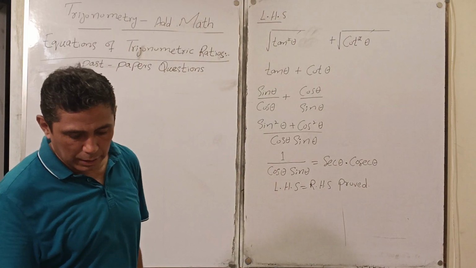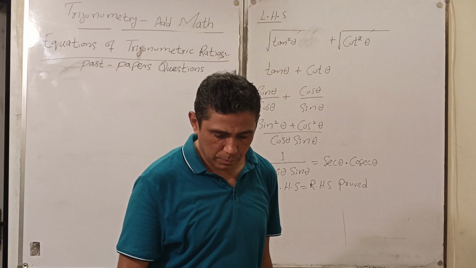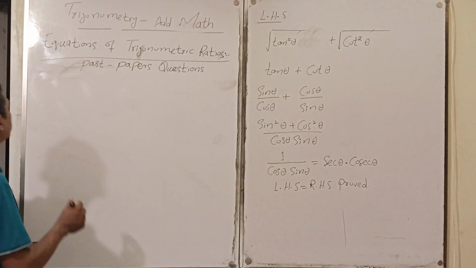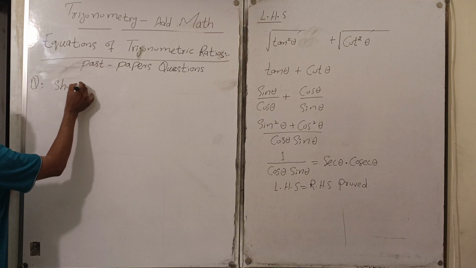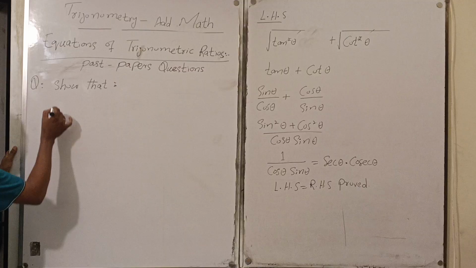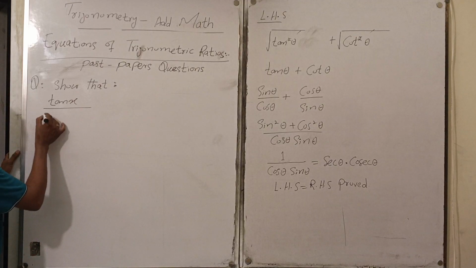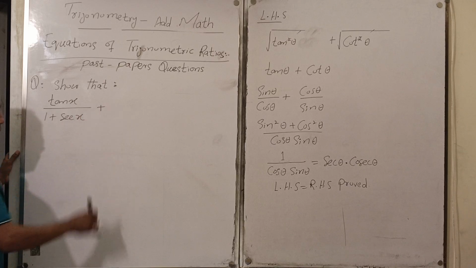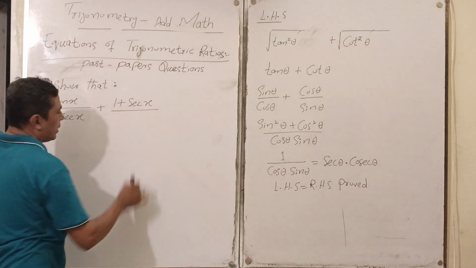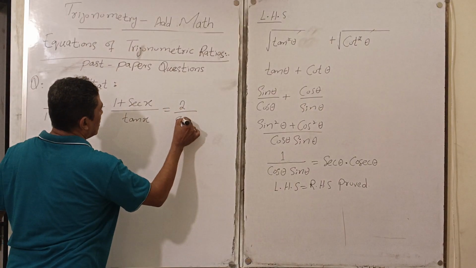The next question is: show that tan x upon 1 plus sec x plus 1 plus sec x divided by tan x equal to 2 upon sin x.